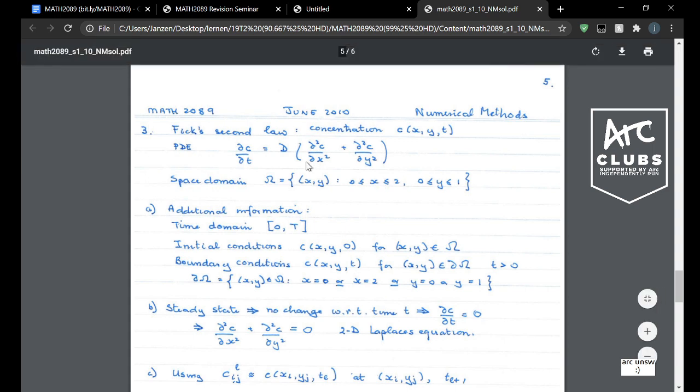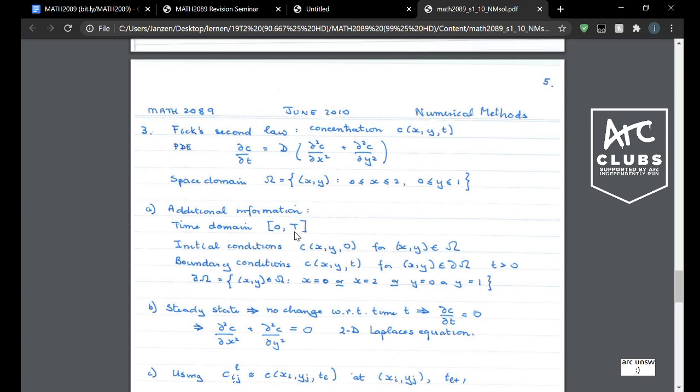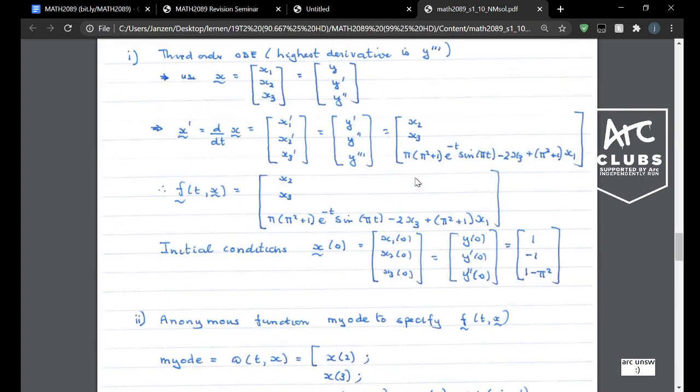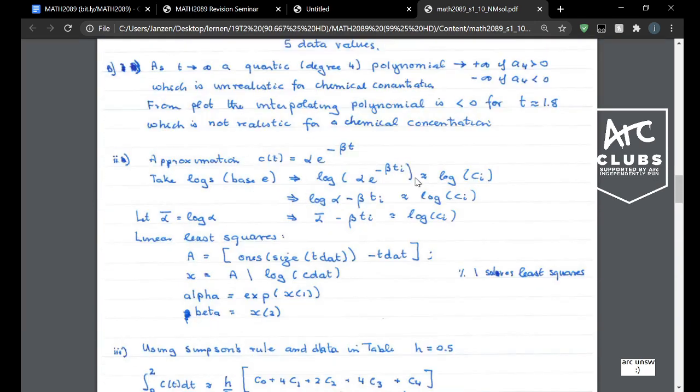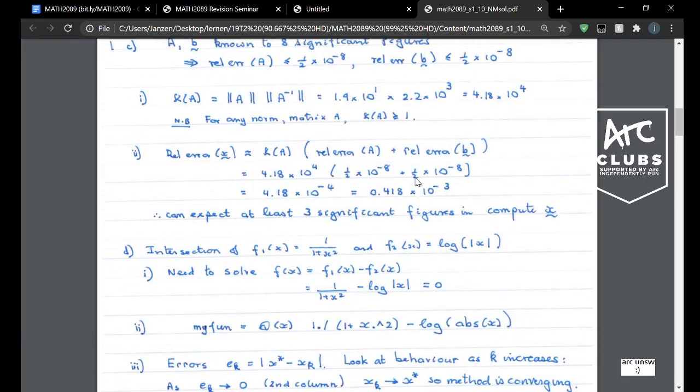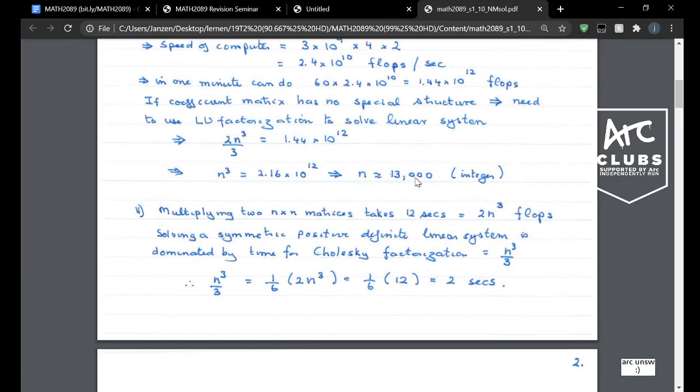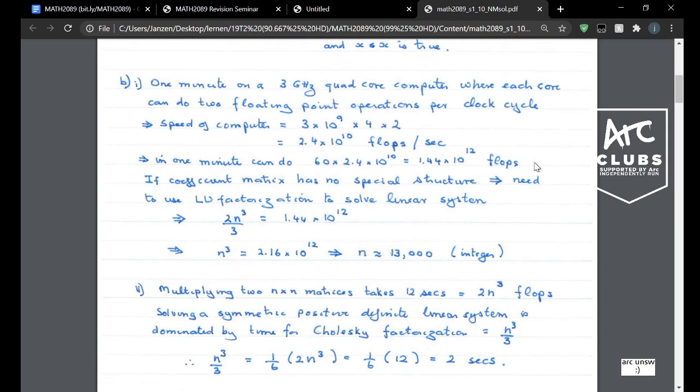Never seen a past paper for numerical. I'm sure someone will post the solutions, the past papers, in the group chat. Hopefully, can we have the past paper solutions? Sure. I can send it to Gerald, and perhaps he could supply you guys with the past papers. I don't know, I got a lot. I'm not sure how I got them, but I ended up with a lot of past papers. Some of them had solutions, some of them didn't. They gave us the past papers, but not the solutions.